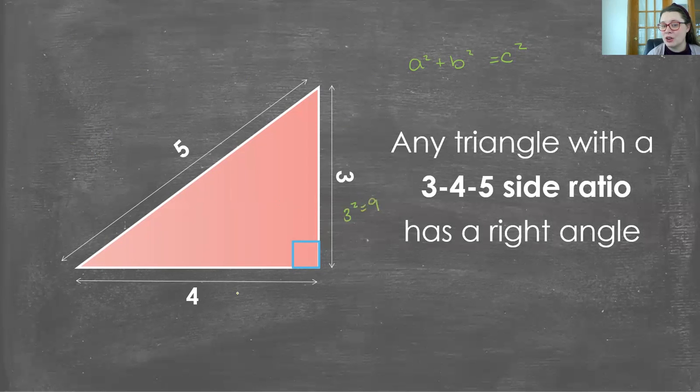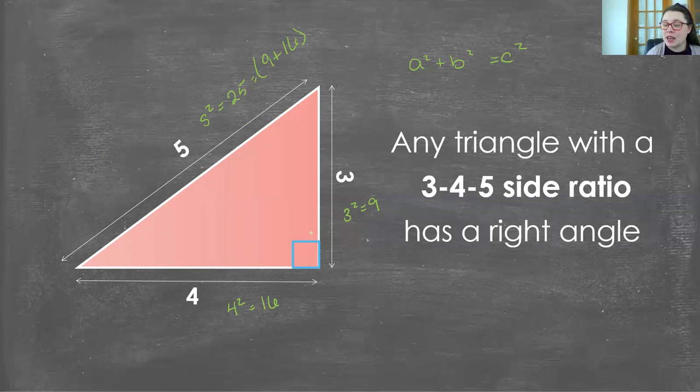equals 9, 4 squared equals 16, and then if we check 5 squared equals 25, which happens to be 9 plus 16. Okay, so this is the Pythagorean triple. And he discovered that any triangle that has that 3, 4, 5 side ratio must have a right angle.